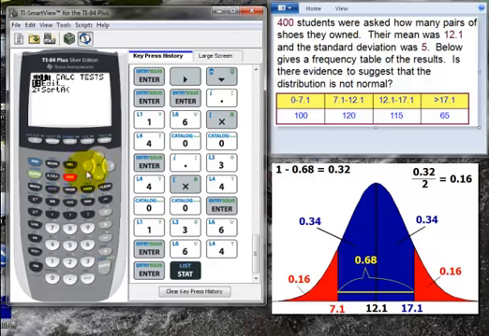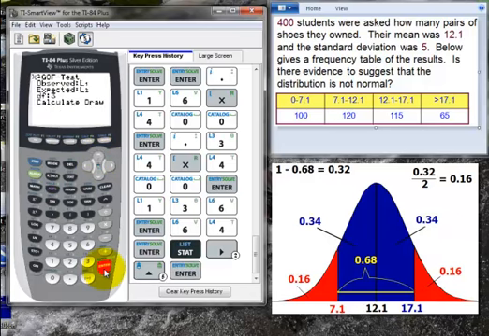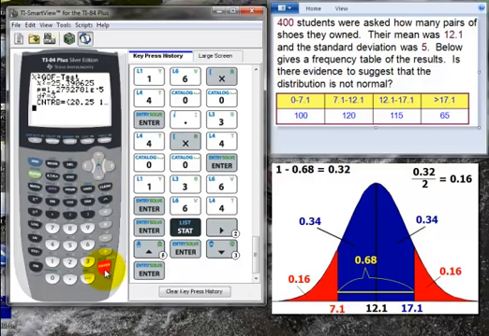So I go to Stat, Tests. I go up a bunch till I get to the chi-squared GOF test. I hit enter. Observed is L1. Expected is L2. Notice there are 4 categories here. 4 minus 1 is 3, so degrees of freedom is still 3. I go to Calculate and hit enter. And there we have it.